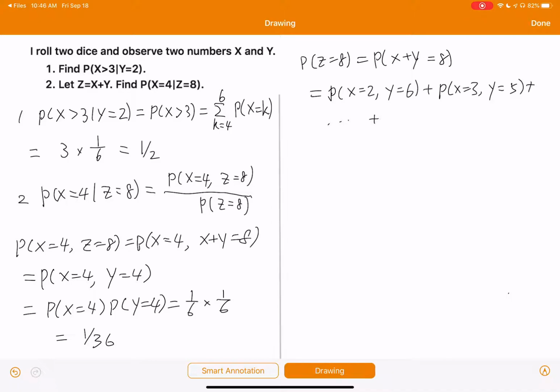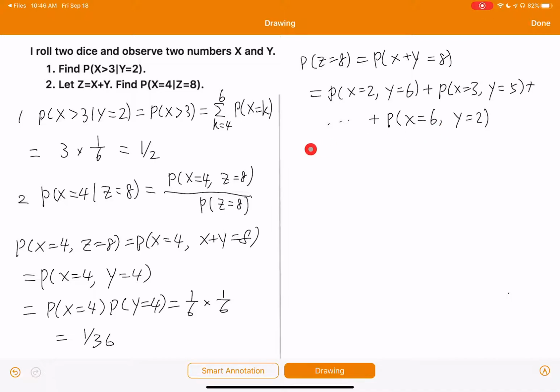And we can add up all the way to x equals 6. In this case, y is equal to 2. And this is it, because x ranges from 2 to 6. x cannot be 7, because a dice has only 6 faces.